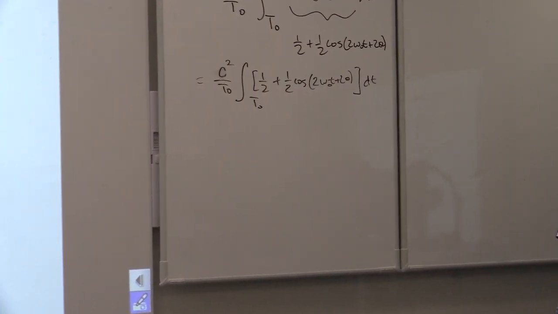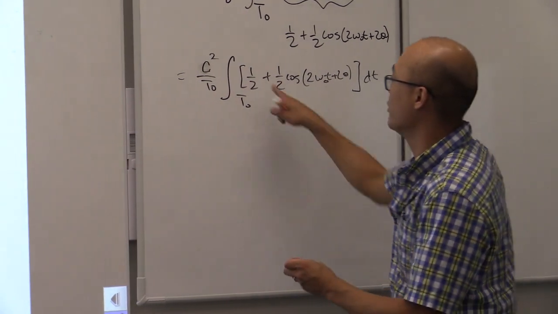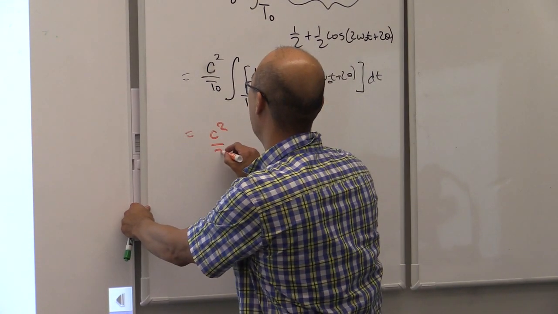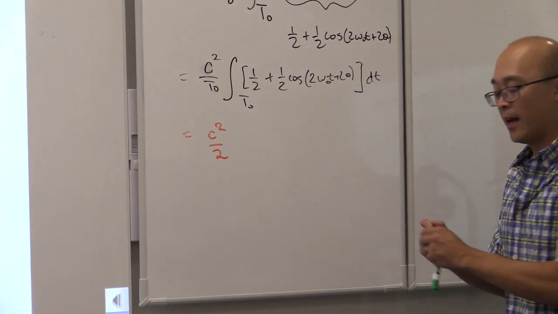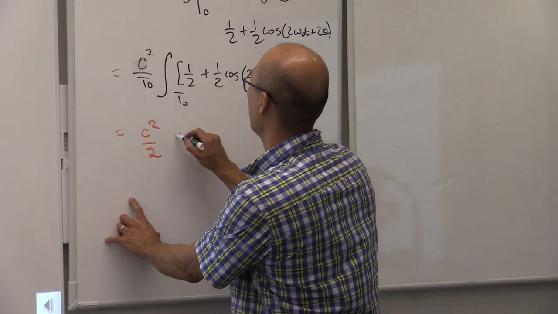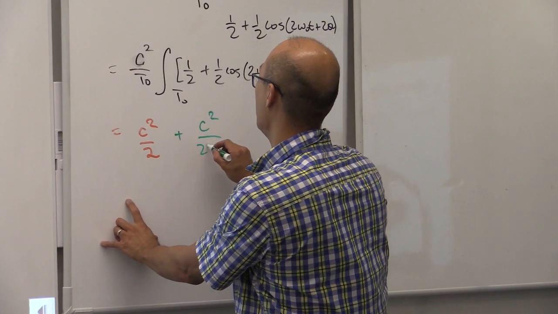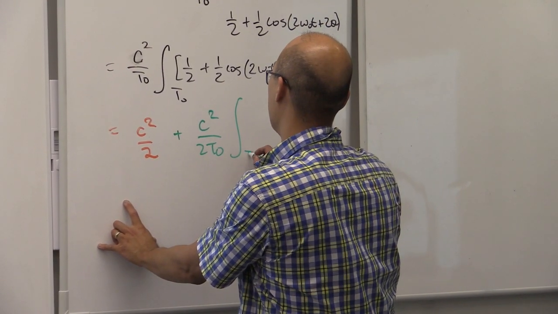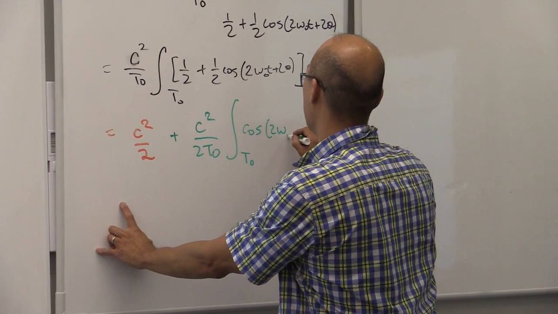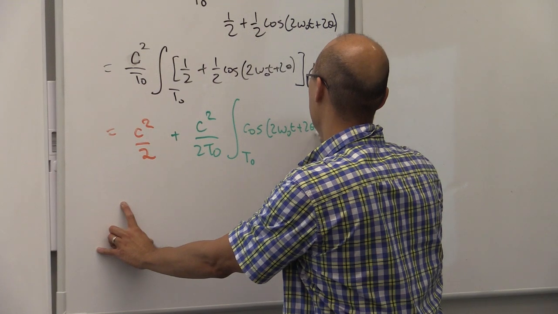Now, the first part of the integral, with the half term, is simply going to work out to give me c squared over 2. And for the second part of the integral, I'm going to have plus c squared over 2T naught, the integral over the period T naught of cosine(2 omega naught t plus 2 theta) dt.